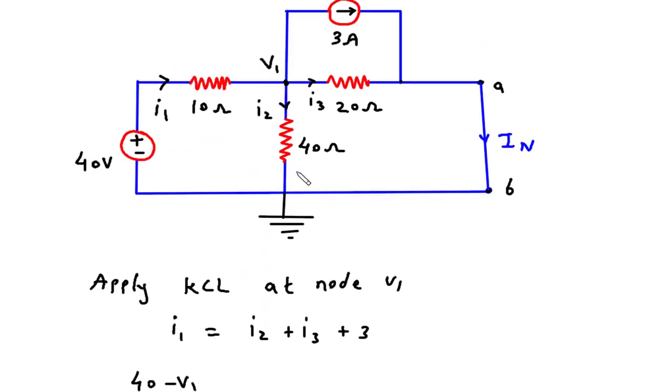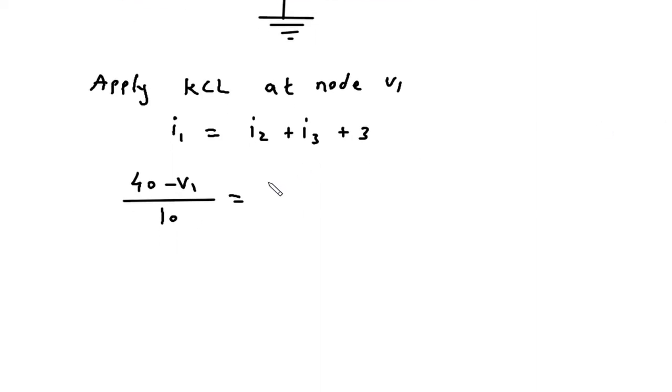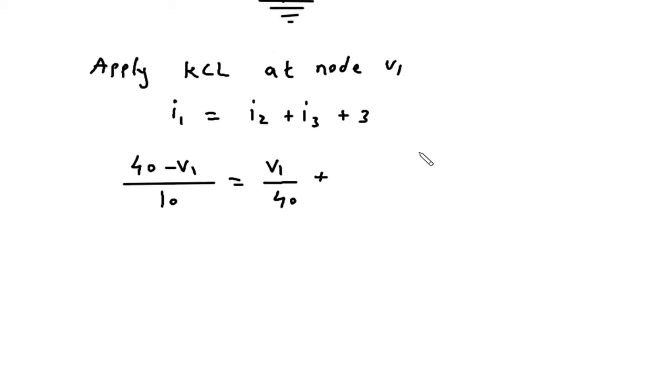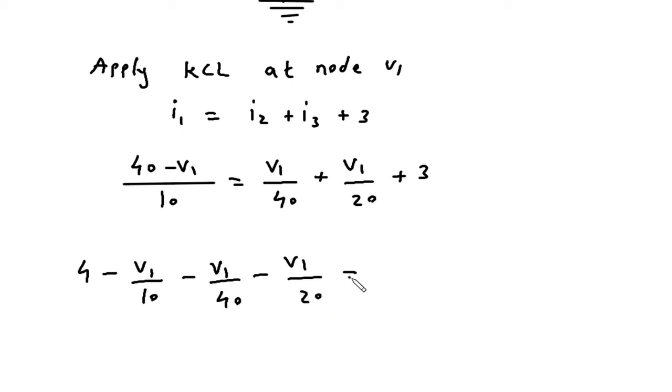I2 is (V1 minus 0) by 40, and I3 is (V1 minus 0) by 20. This will be 40 by 10, which is 4, minus V1 by 10 minus V1 by 40 minus V1 by 20 is equal to 3.